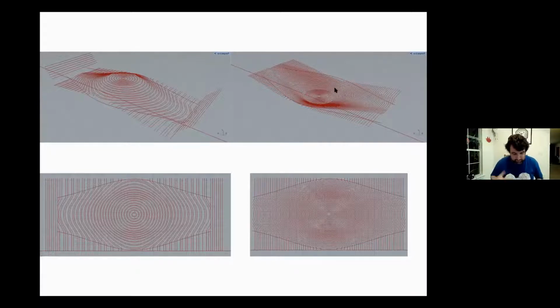So it's handmade in mathematics, if you like, because every single movement that the machine made came in some way from lines of code that I'd written.